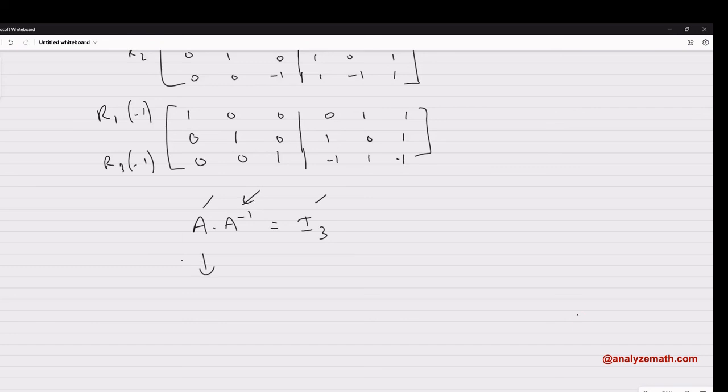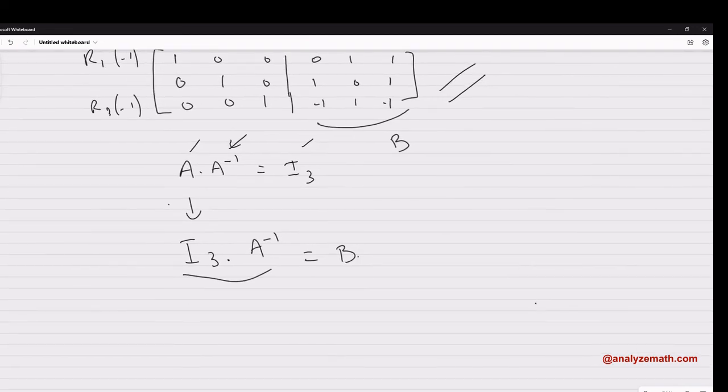Now we have reduced A to I3, and we put back the unknown, and it is equal to matrix B. If you multiply the identity by any matrix of the same size, that gives you the same matrix.